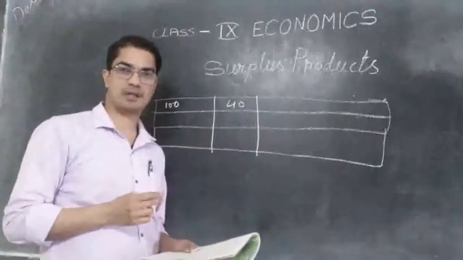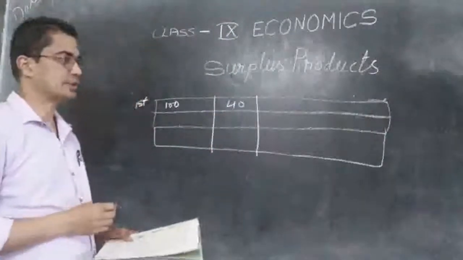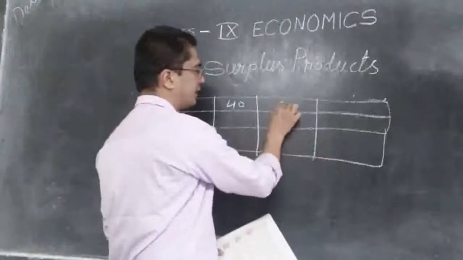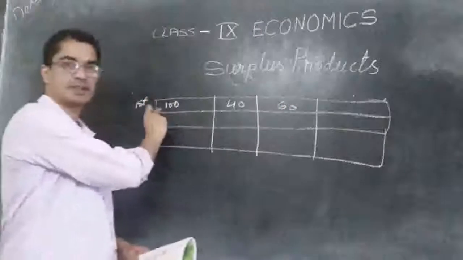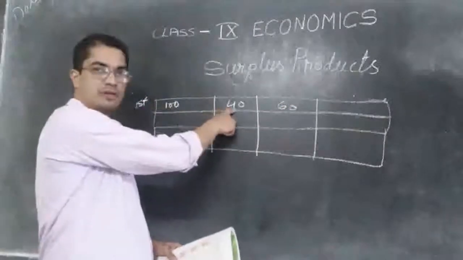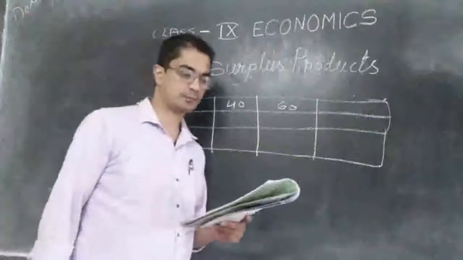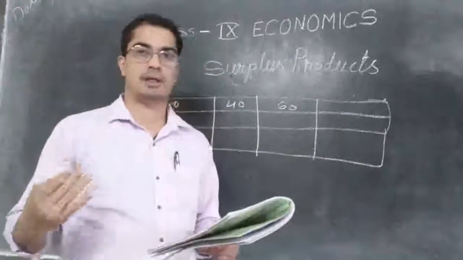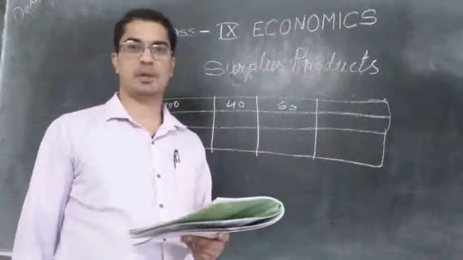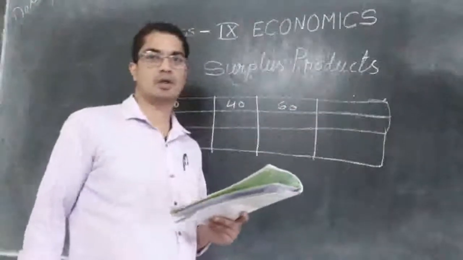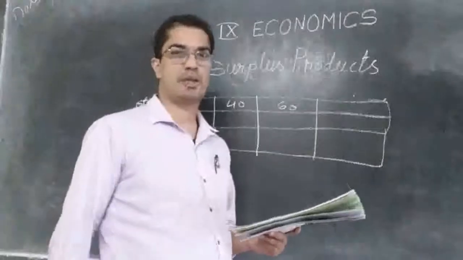Then how much is the balance? So surplus is there, extra. So 60 kgs balance, is it not? Total production is 100, so 40 is for himself and 60 is extra. That one he will sell in the market. He will sell the 60 kg and take that money.